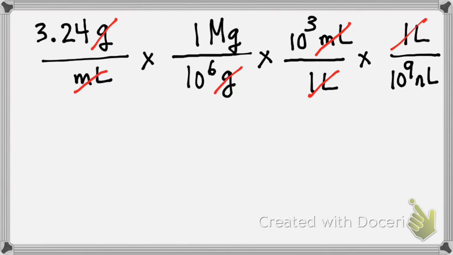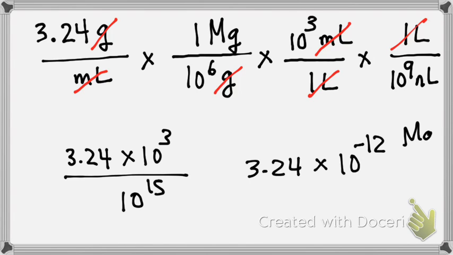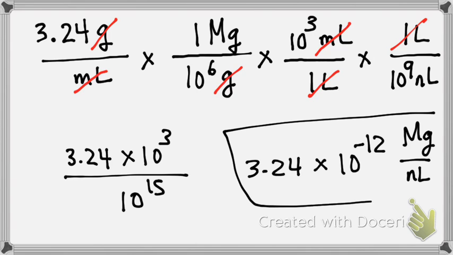So I have (3.24) times 10 to the third divided by 10 to the 15. That's 3.24 times 10 to the minus 12 megagrams per nanoliter. And that's the final answer.